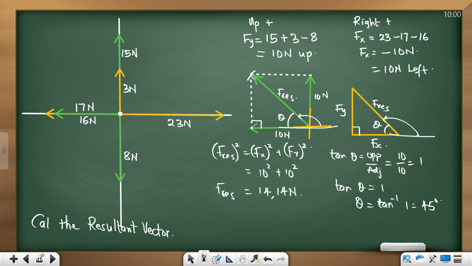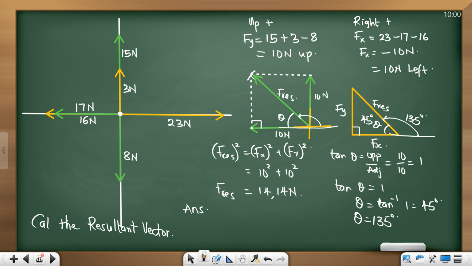Positive x and move anti-clockwise. But I'll show you there are different representations. That's why the diagram is very important. So my theta therefore should be 135. Does that make sense? If this is 45 degrees and we have an angle on a straight line, 135 degrees. So my answer, I'll show you different representations now.